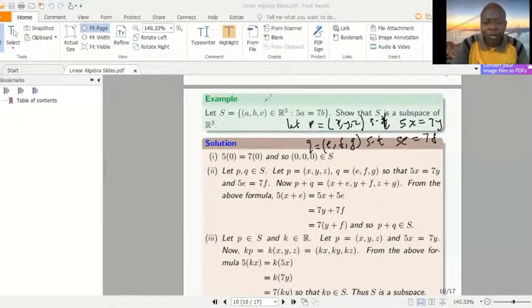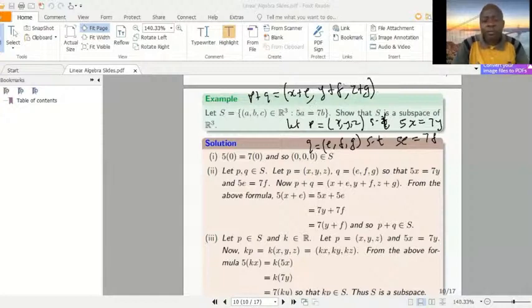So what will be the sum of these vectors? P plus Q. The sum would be, just add the corresponding elements, and you can see that I would have x plus e, then y plus f, then z plus g.